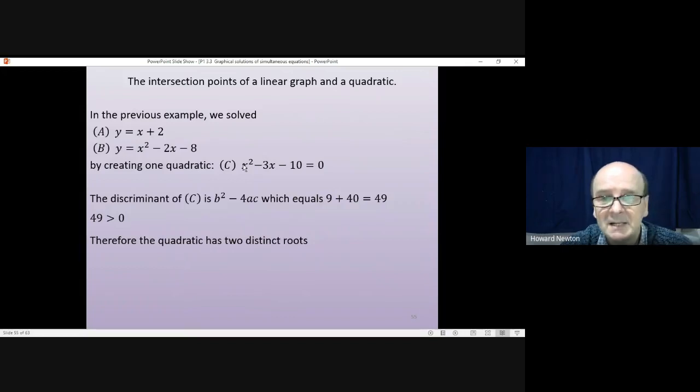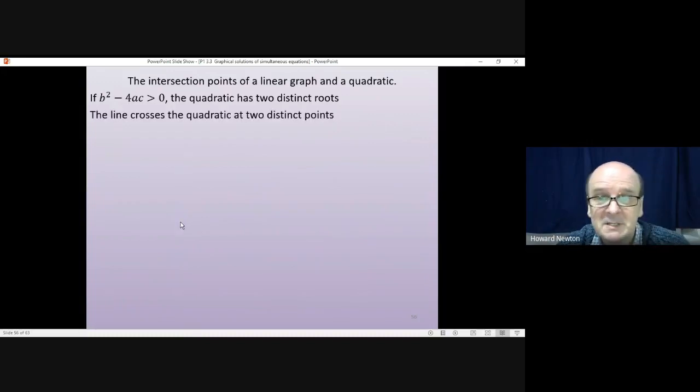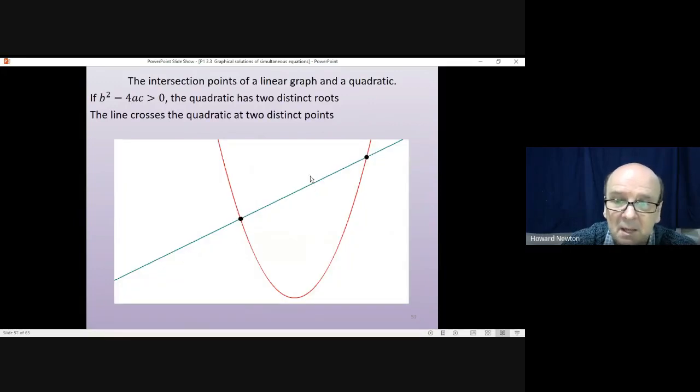But what does that tell us about our original question, which involved a line and a different quadratic? Well, if the quadratic of the equation we created has two distinct roots, what it tells us is that the line and the original curve will meet at two distinct points. And you will get something like we had, the line and the curve meeting together at 2 points.